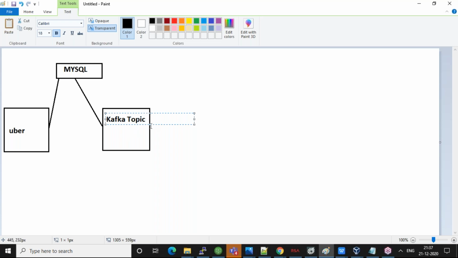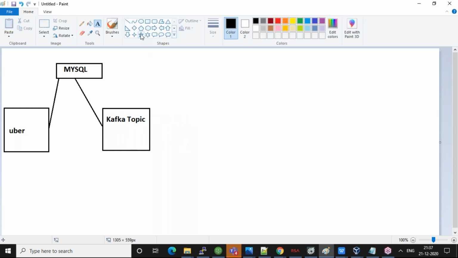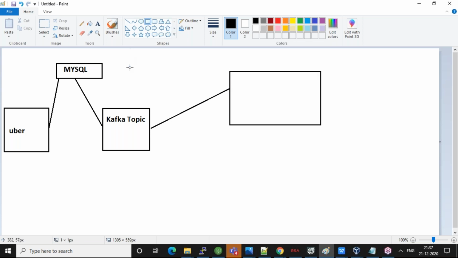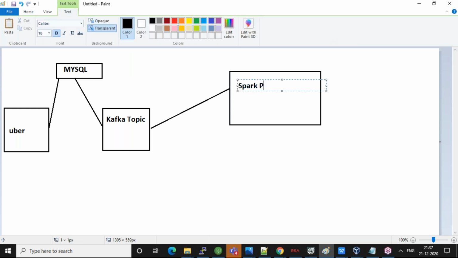So here you need to read this data from the Kafka topic. How can you read the data? By using Spark code. You need to write Spark code and process the data.